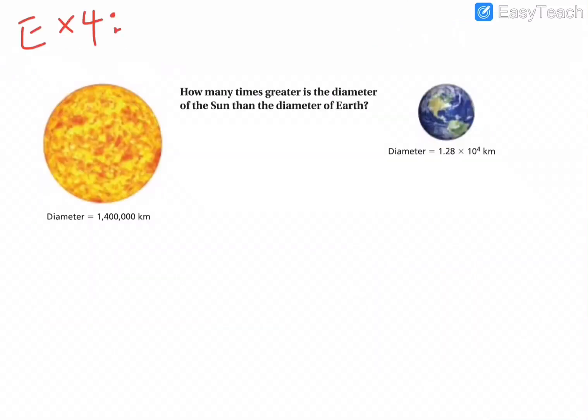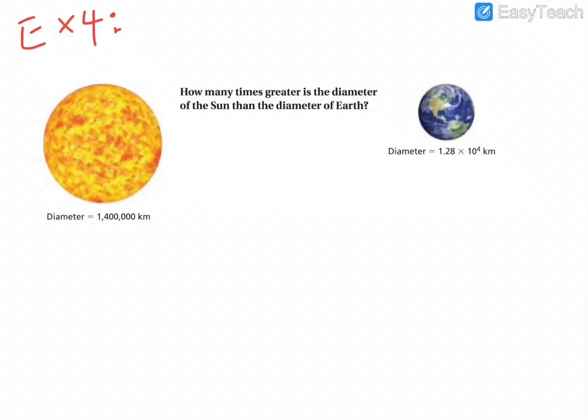Alright, last one. You could do this a couple different ways. How many times greater is the diameter of the Sun than the diameter of the Earth? So you could change the Earth from scientific to standard, or you could change the diameter from standard to scientific. Totally up to you.